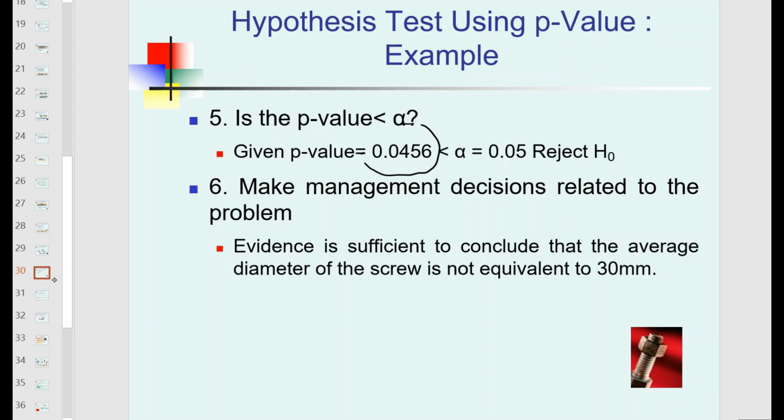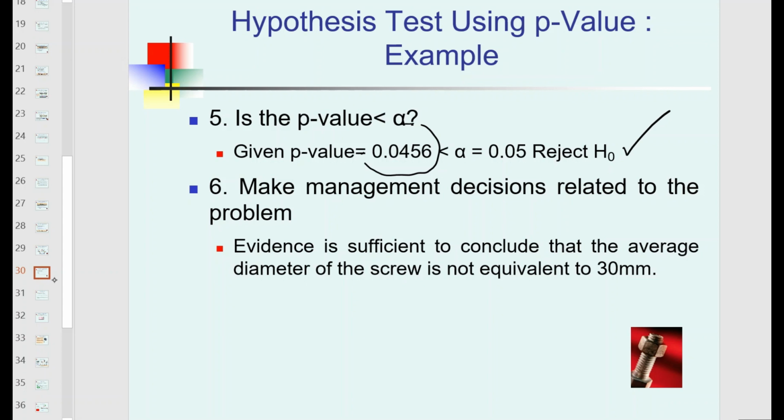So what is your alpha? The one that you already described in the first step. Your alpha is 0.05. So 0.0456 is actually less than 0.05, so your decision is to reject your H null. This is how you conduct a hypothesis test using p-value.